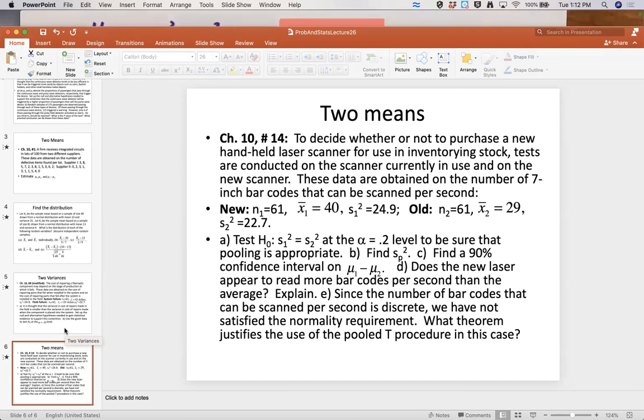That's pretty fast, it seems. Do notice that the new one has a bigger mean than the old one. X1 bar is 40, X2 bar is 29, for samples both of size 61, though they don't have to be the same sample size. We've got some evidence that mu1 is bigger than mu2. The question again is, is it statistically significant evidence?